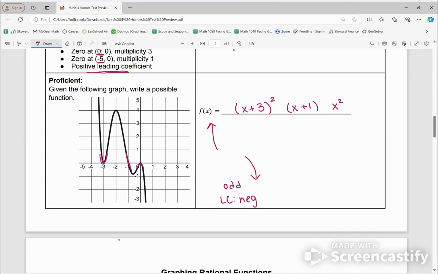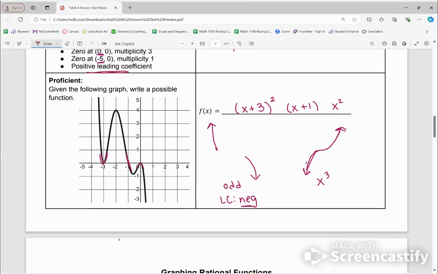Okay, if you're not sure how to check that, you can look at your chart and your notes. You can also think about a regular x cubed graph. The left side, the negative side, goes down to a negative, and the positive side goes up to a positive. And if the leading coefficient is negative, it would flip.